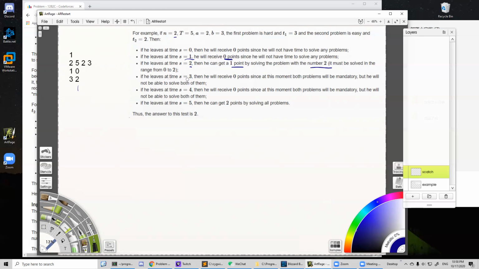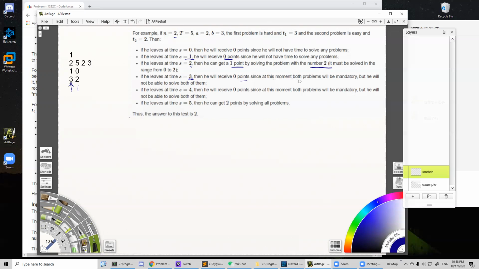And if he leaves at 3, then 0 points, because at the third second, the hard problem becomes mandatory. You have to solve this problem.